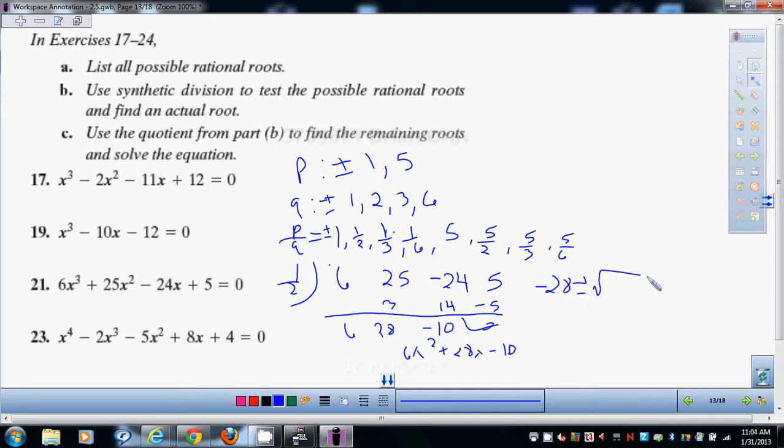I feel like I'm running out of space. Alright, just keep that in mind. 4A would be 6. And C. All over 2A.